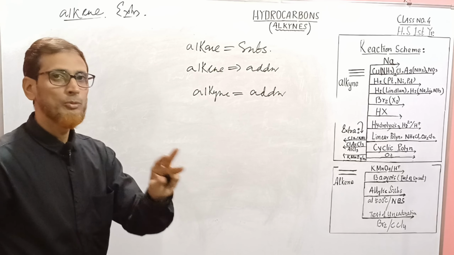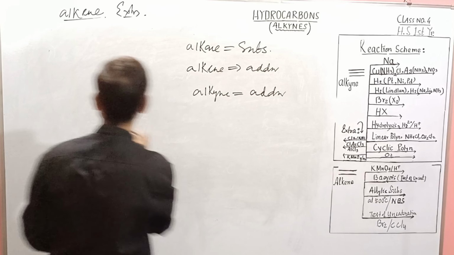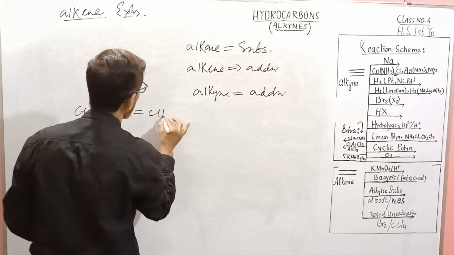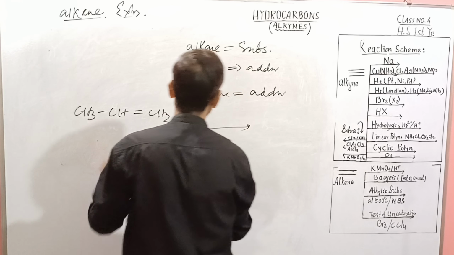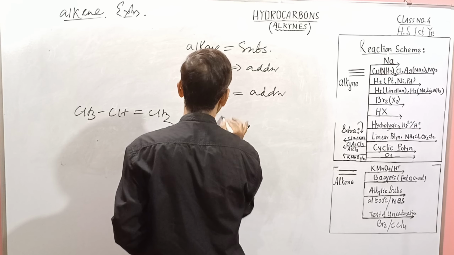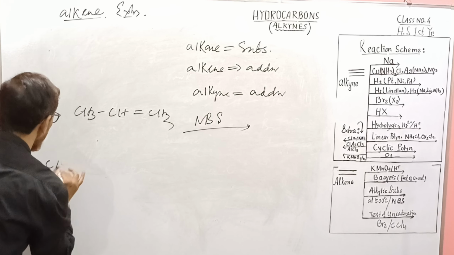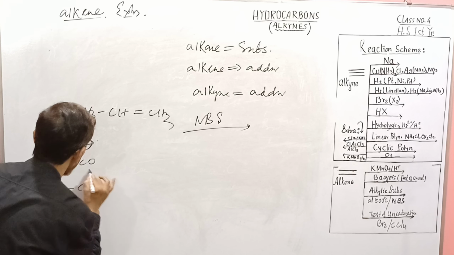But you will be surprised to see one type of reaction when CH3 CH double bond CH2, propene, is made to react with N-bromosuccinimide. What is N-bromosuccinimide? It is this compound.